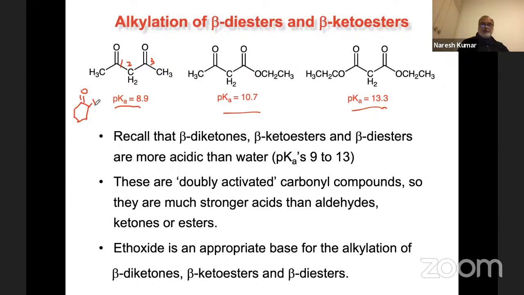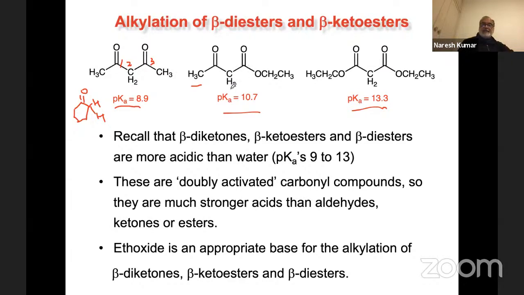So there was a hydrogen here, and there is another hydrogen here because this is a CH2 group next to the carbonyl. But in these 3 compounds you can see that the CH2 has 2 carbonyls next to it. While this methyl here is also next to a carbonyl, it is less reactive compared to the CH2 because the CH2 is surrounded by 2 carbonyl groups.